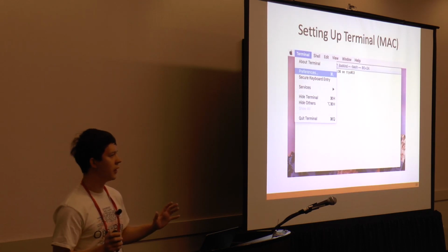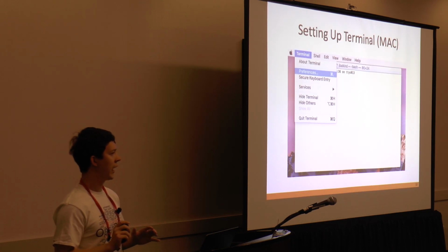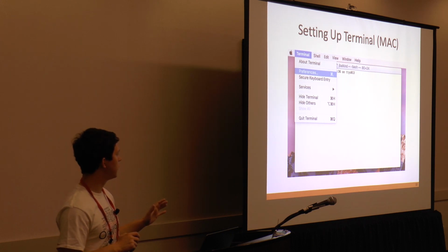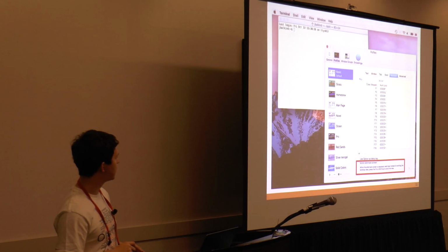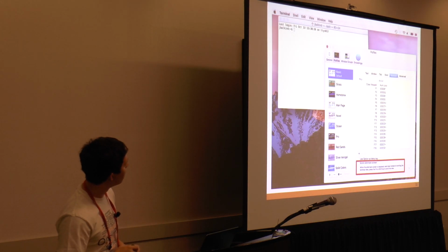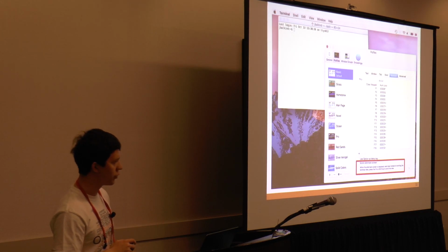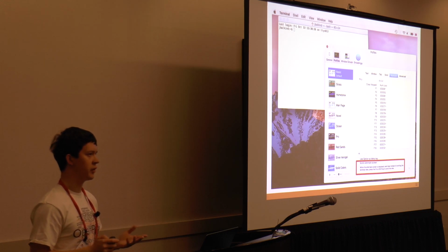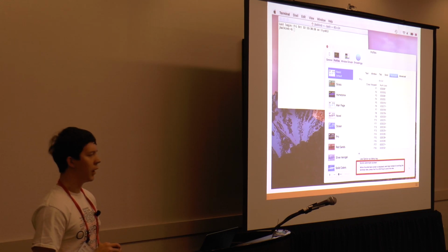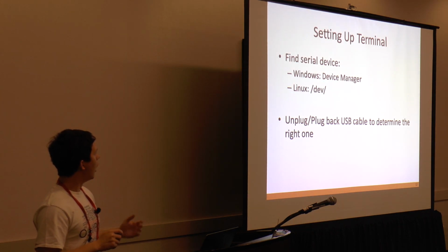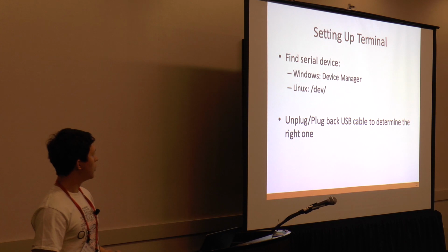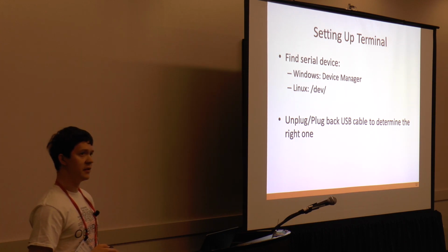I think we helped to configure the serial terminal, and if someone hasn't checked that setting in Mac, please check this scroll box so Linux doesn't crash while booting. And yeah, if you have questions, feel free to ask. And once again, on Windows, you can find which device it is in Device Manager.